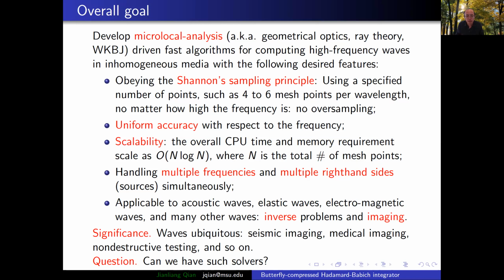That means when the frequency becomes higher, our accuracy will become better in terms of our methodology here. Scalability in the overall CPU time and memory requirement: we would have a linear complexity algorithm or n log n type of complexity, which is almost optimal.